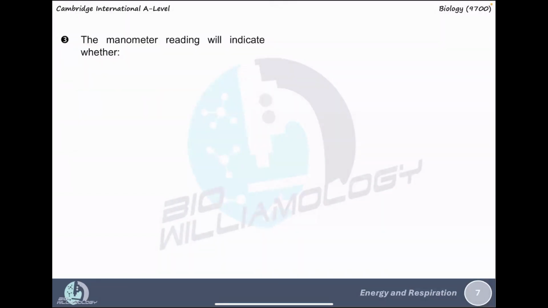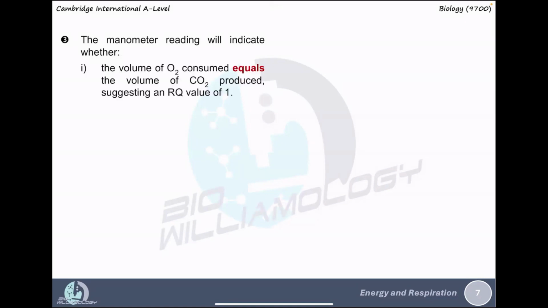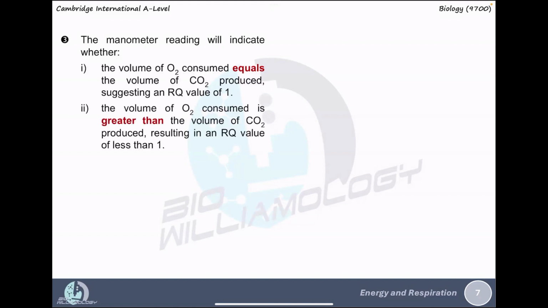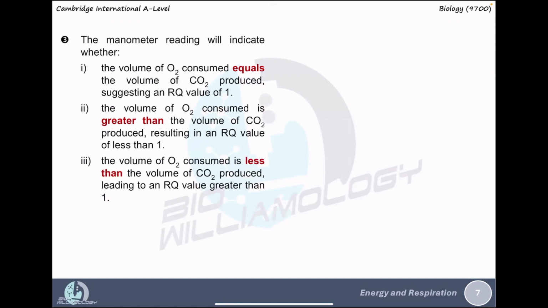The manometer fluid reading will indicate whether the volume of O2 consumed equals the volume of CO2 produced, and this will suggest that the RQ value equals 1. Or the volume of O2 consumed is greater than the volume of CO2 produced, resulting in an RQ value less than 1. Or the third possible outcome, the volume of O2 consumed is less than the volume of CO2 produced, leading to an RQ value greater than 1. So this measurement allows for the calculation of the RQ value.